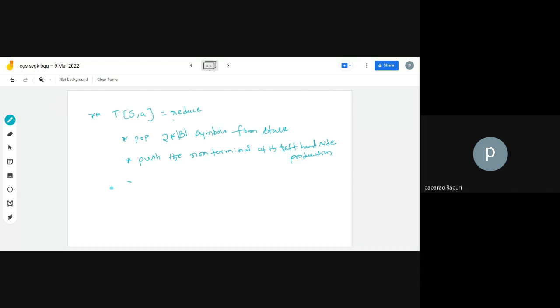And finally, we need to go to I comma A and push I onto the top of the stack. Sir, what is go to I comma A? What is go to I comma A?